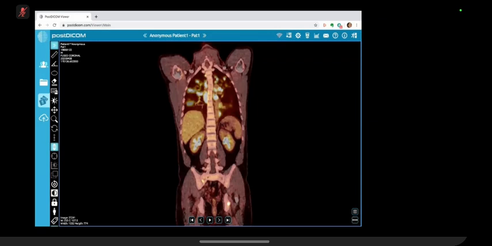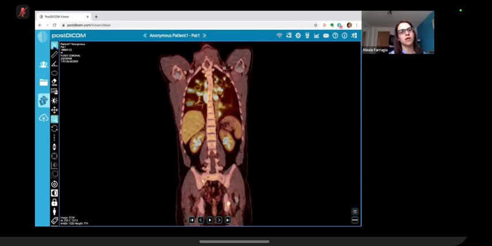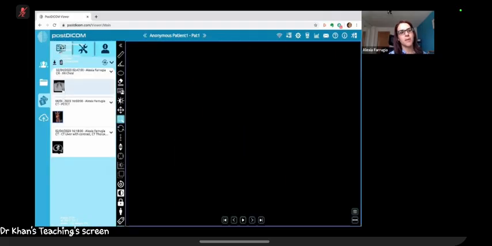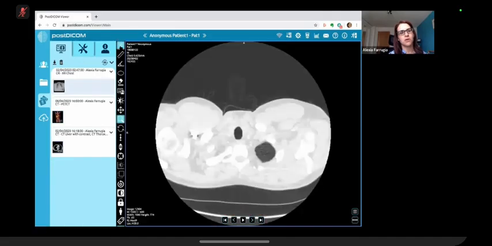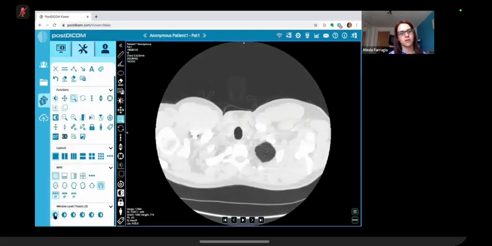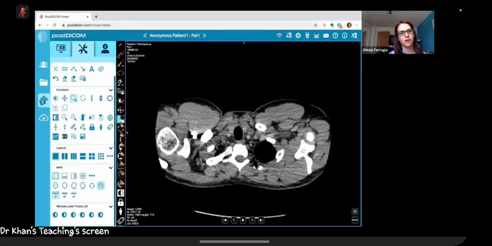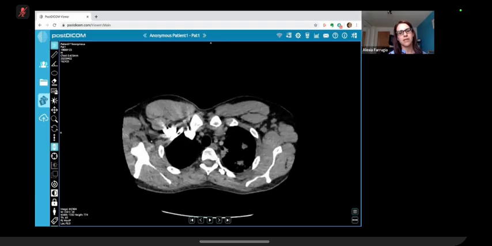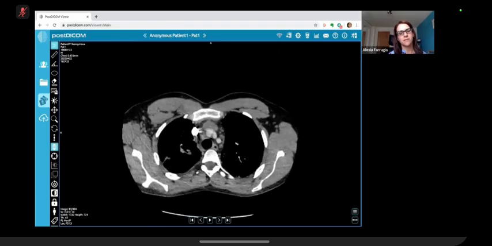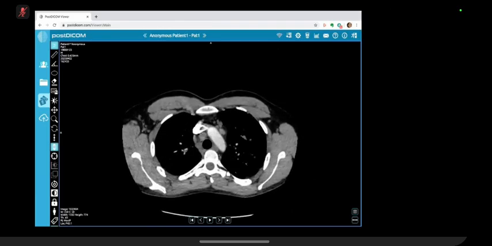So what they did was he had an EBUS to sample the mediastinal lymph nodes. And on EBUS, there were non-caseating granulomas. Non-caseating granulomas are more indicative of sarcoidosis.